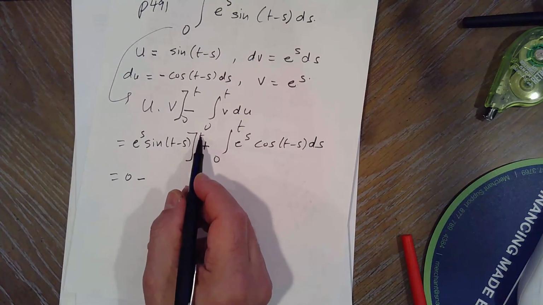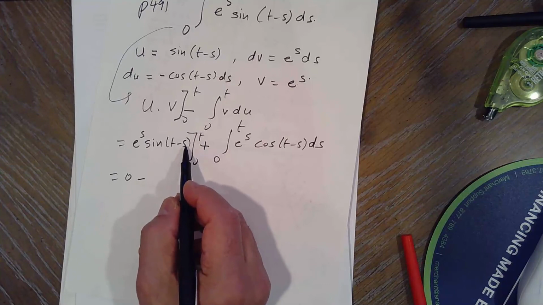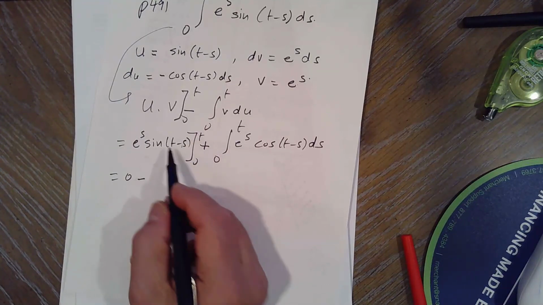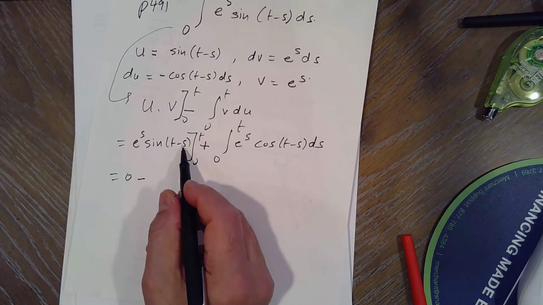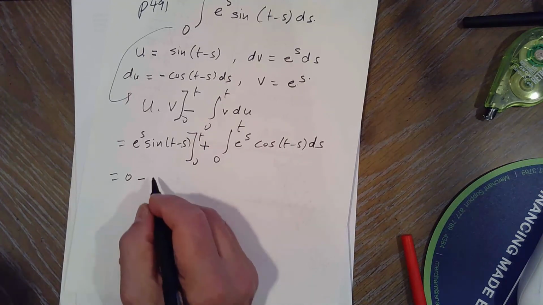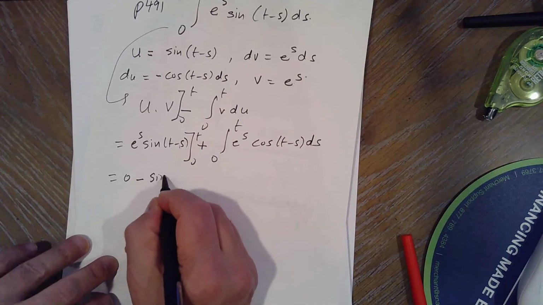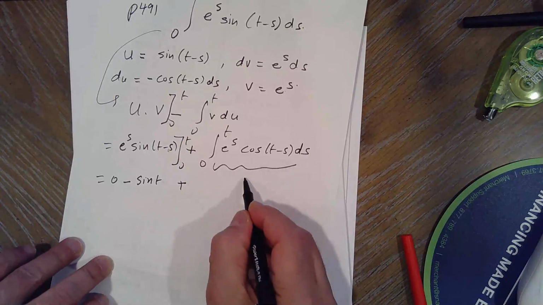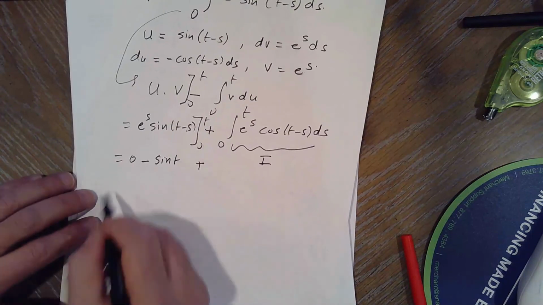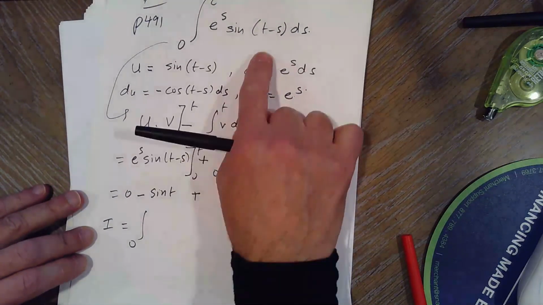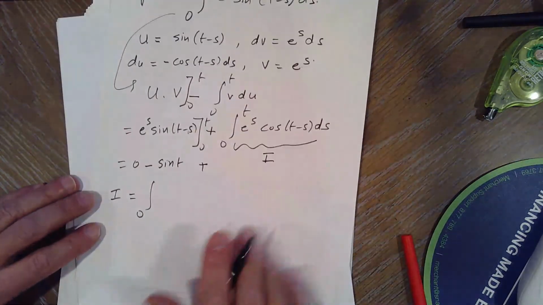When s is t, that's 0. When s is 0, that's sine t, so it's minus sine t, plus this guy, let's call it I. So we're going to integrate that again. Because this is e to the s cosine, we're going to do one more to wrap around.